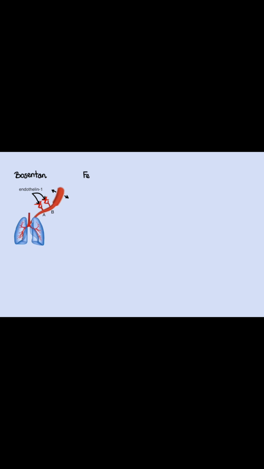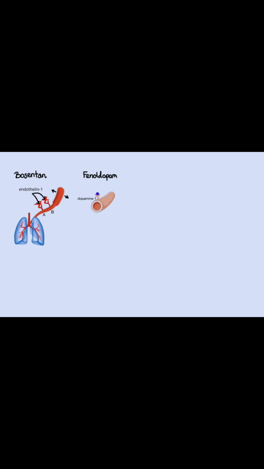Next, we have fenoldopam, which is a selective dopamine 1 receptor agonist. The dopamine 1 receptors are located on the smooth muscle cells in the peripheral vasculature, as well as the renal, coronary, cerebral, and mesenteric arteries.